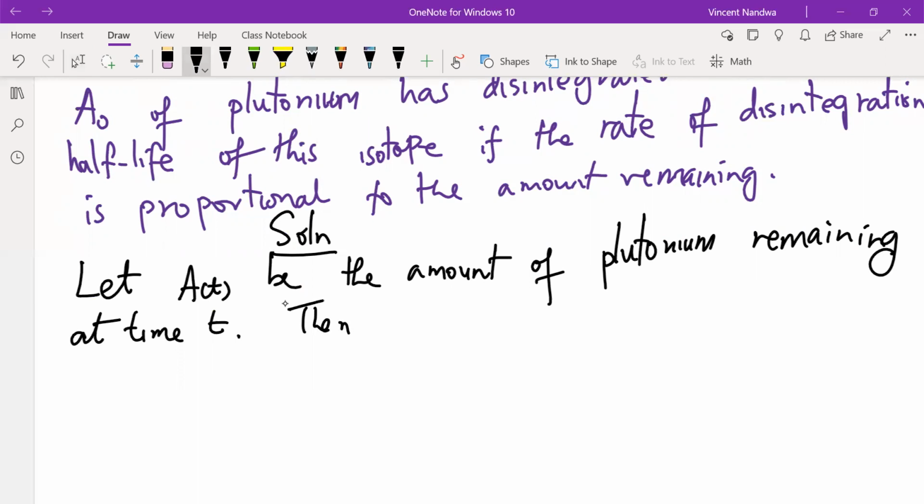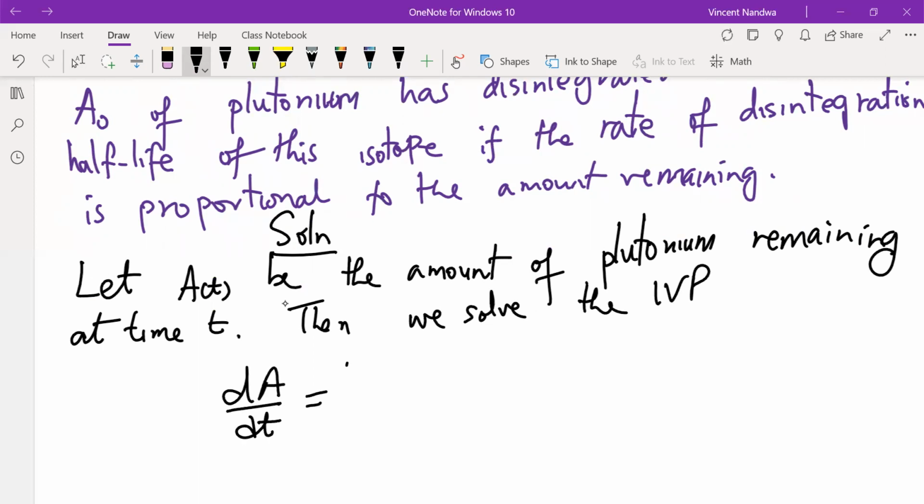Then we solve the initial value problem dA/dt equals kA, where A at 0 is A naught.